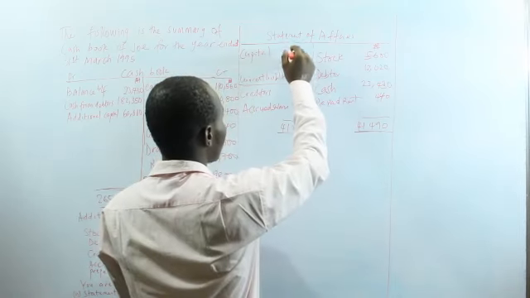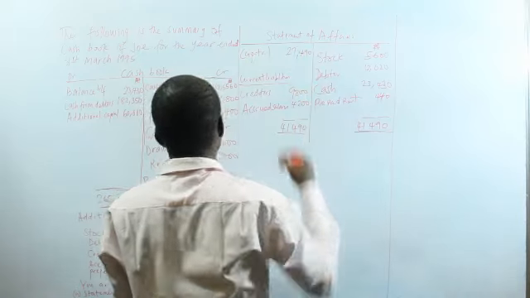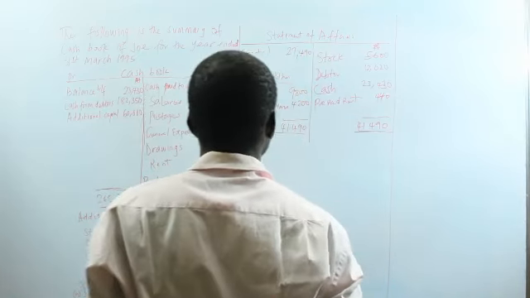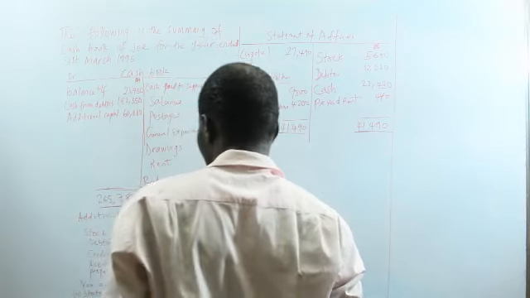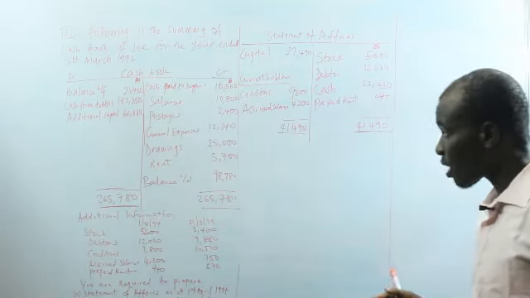That gives us 27,419. That is the opening capital. We've calculated the capital. So the next question is the total debtors and creditors control account.